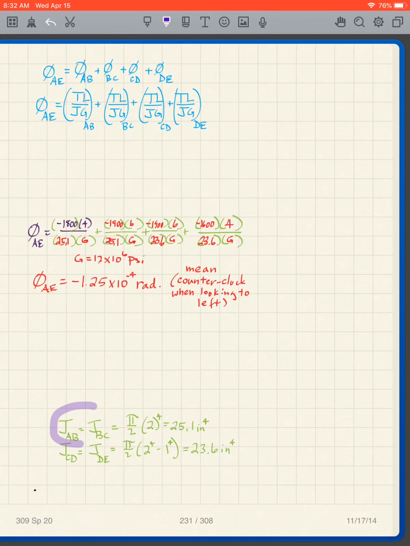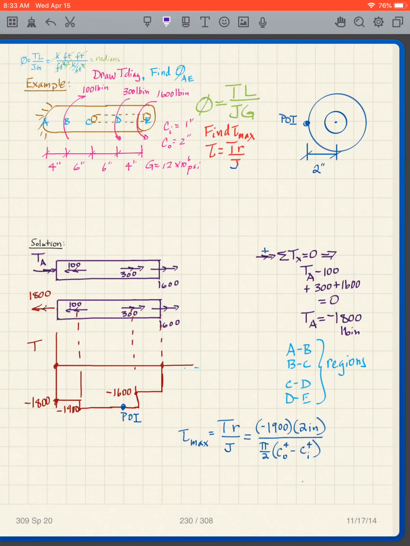First I notice that JAB equals JBC, which is pi over 2 times 2 to the fourth. And JCD equals JDE, which is pi over 2 times 2 to the fourth minus 1 to the fourth. So I get those J's. And then I have to look at the different L's. LAB is 4, LBC is 6, LCD is 6, LDE is 4.